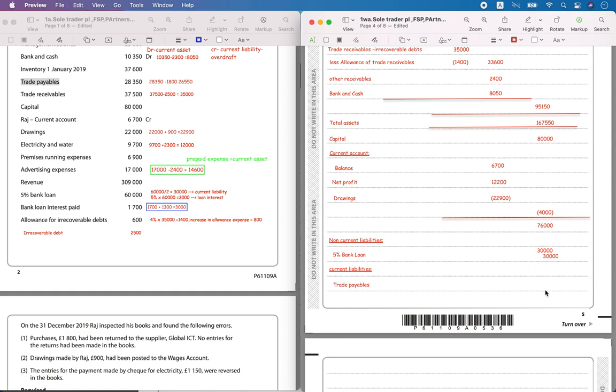So my trade payables will be 28,350 minus 1,800, that is 26,550. So that is what I'm supposed to pay. Then I have to put the 5% bank loan that becomes a current liability, which is around 30,000. So let's put that.